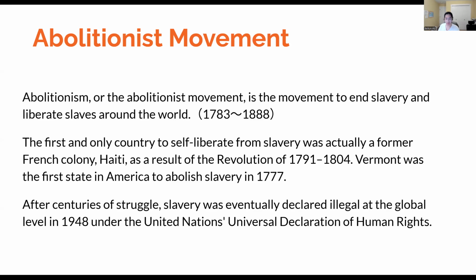So after many hundreds of years of struggle, slavery was eventually declared illegal around the world by the Universal Declaration of Human Rights of the United Nations in 1948. That's of course a bit later than where we are in the timeline right now, but that's when slavery fully became not allowed across the world. Every country cannot have slavery.